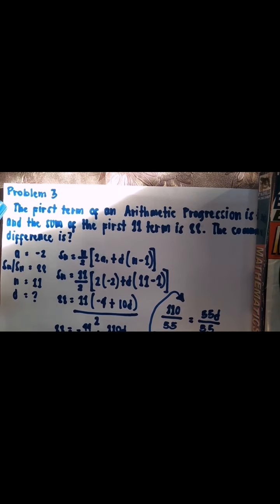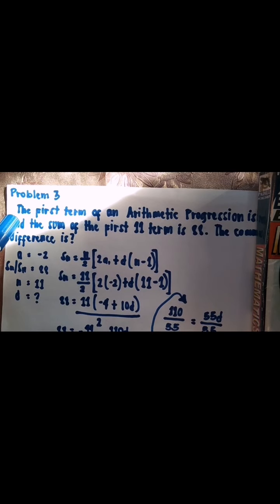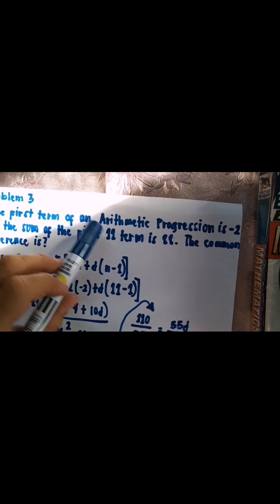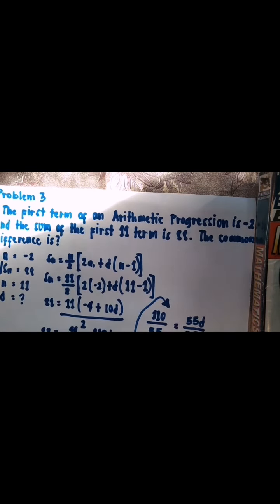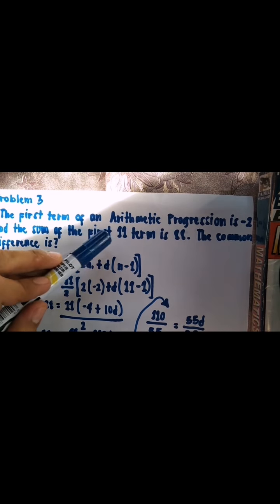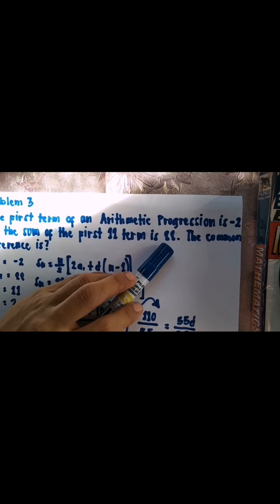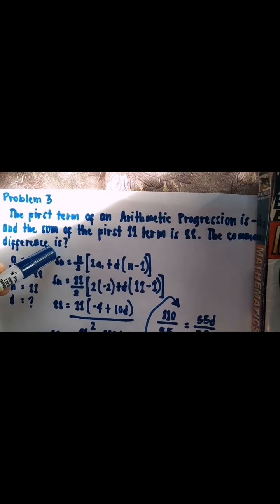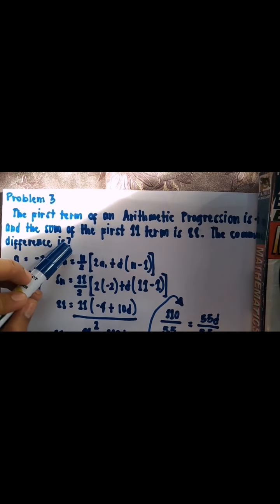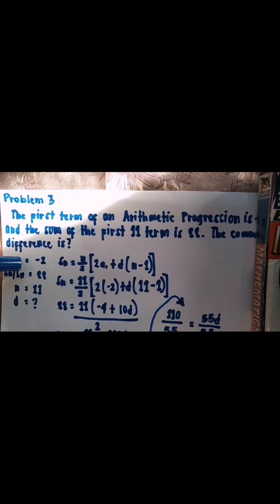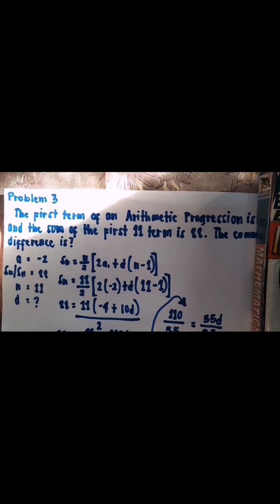So here's the question. The first term of an arithmetic progression is negative 2 and the sum of the first 11 terms is 88. The common difference is question mark. Here are the given numbers.